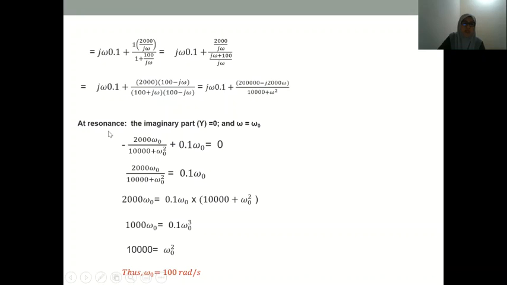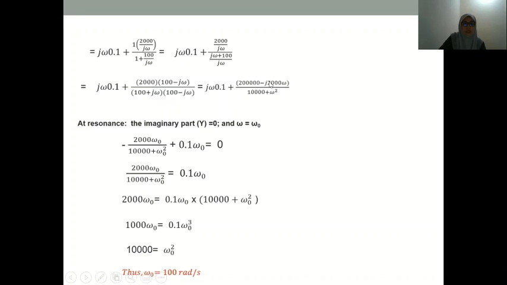Remember that at resonance, the imaginary part of your Z, sorry, it's not Y, this is a Z, is equal to 0, and omega is equal to omega naught, because we label it as the resonance frequency. The imaginary part only we equate to 0.